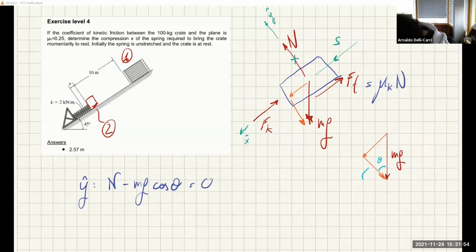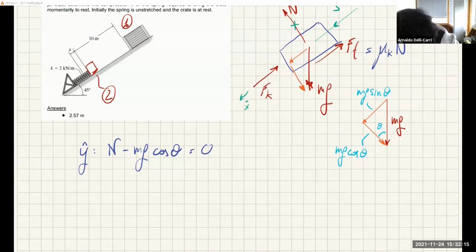So this one here is mg cosine theta, which is exactly what we're looking at. And this one here is mg sine theta. So of course now theta is 45 degrees, so they have the same magnitude, but it doesn't matter. This works for every theta anyway. So in the end, we get that n is mg cosine theta, whatever it is.